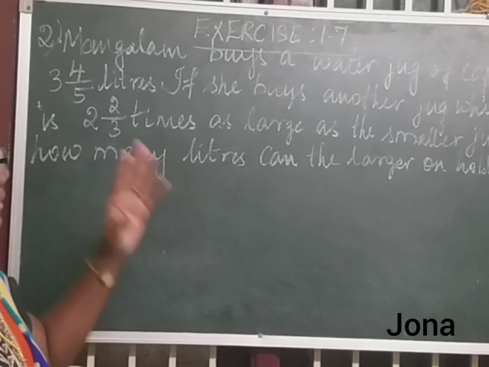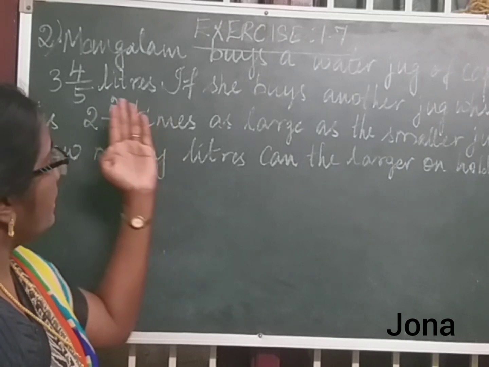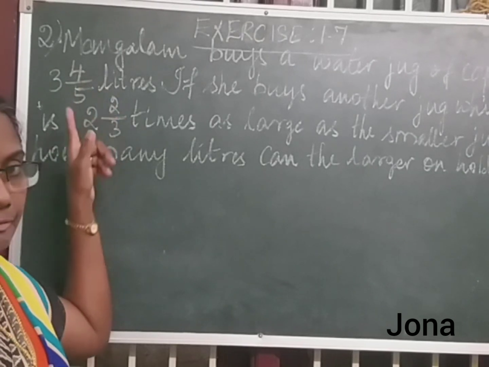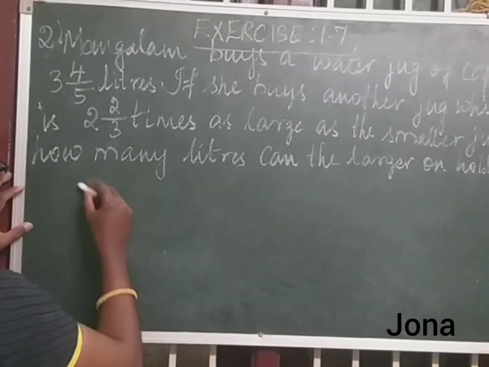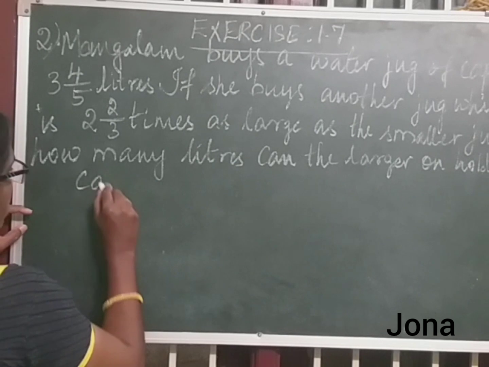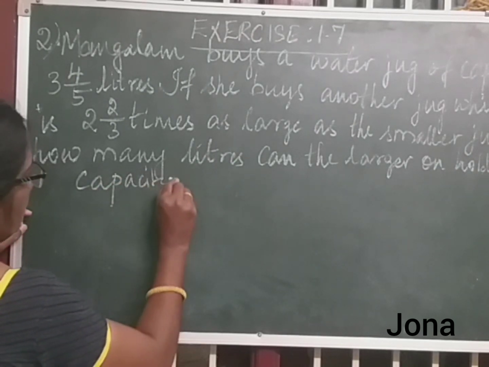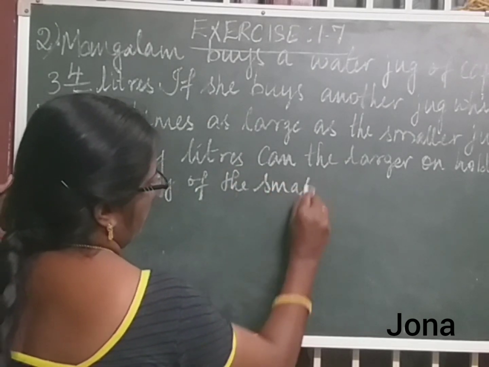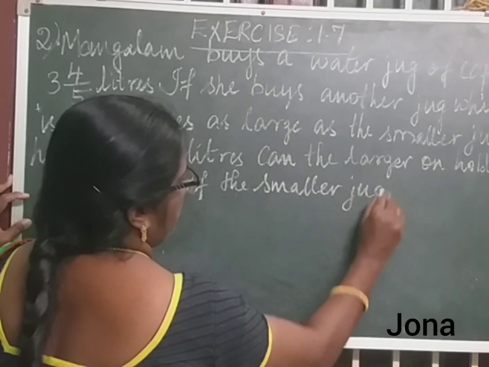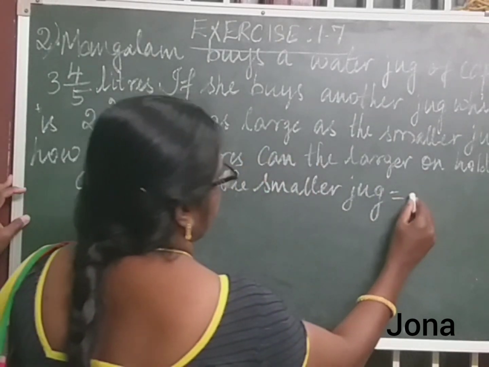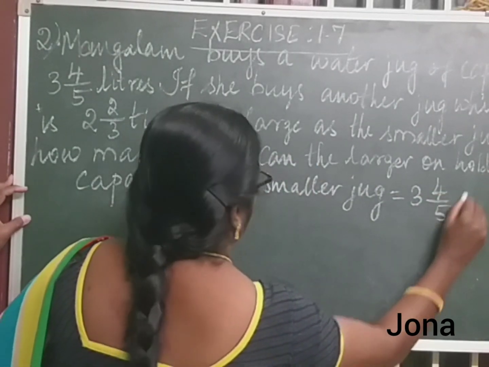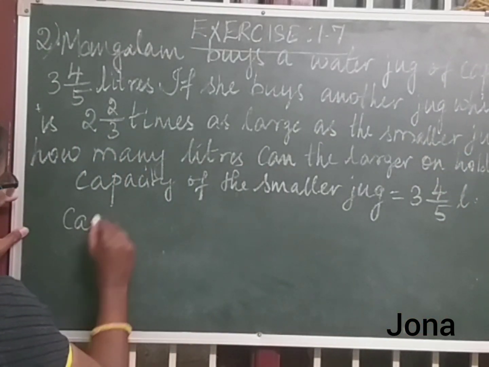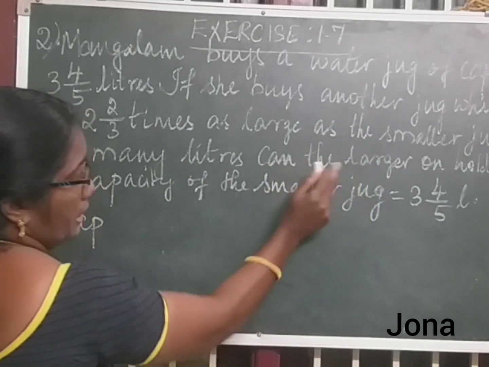So the capacity of the smaller jug is 3 4/5 liters. We want to find the capacity of the larger one.